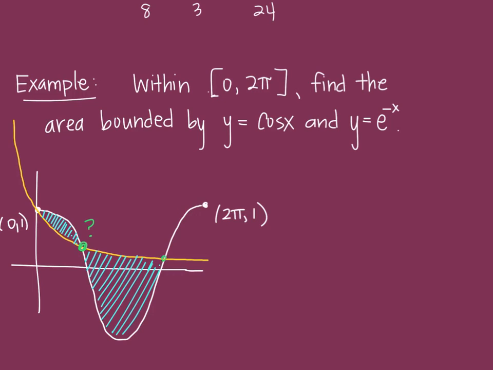And then it comes up to another intersection point. And then finally, I'm cutting it off at 2 pi, and so I'll be looking at the area bounded here. All right, so now we're going to use our calculators to calculate the value of those intersection points.